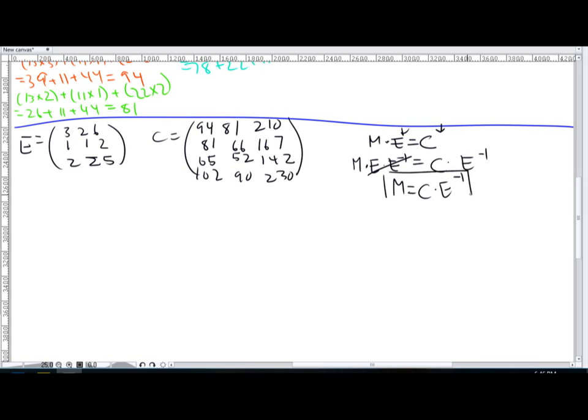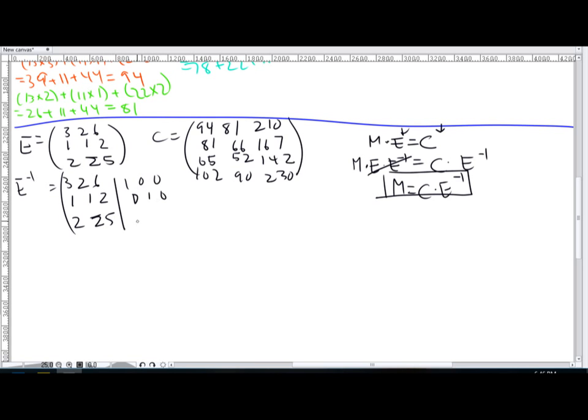Okay, so by following this equation, we have to first find the inverse of E, and in order to do that, we make an augmented matrix. We put matrix E onto the left side, and we put the identity matrix on the right side.